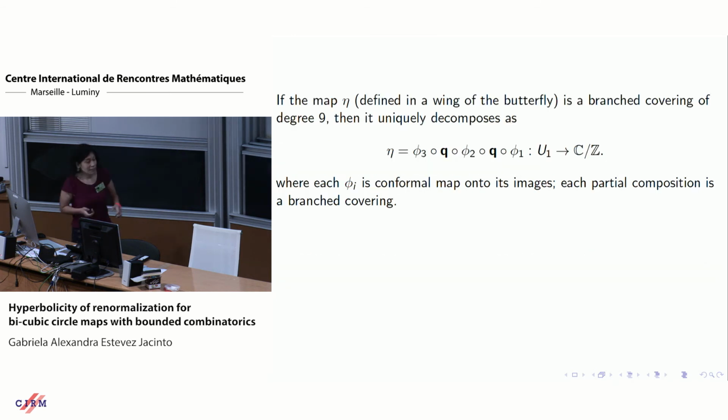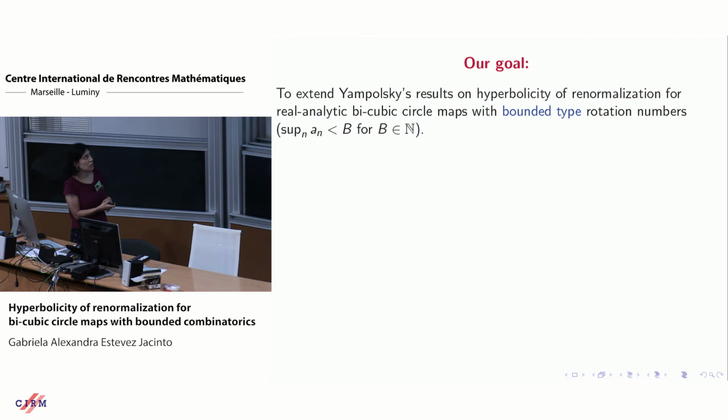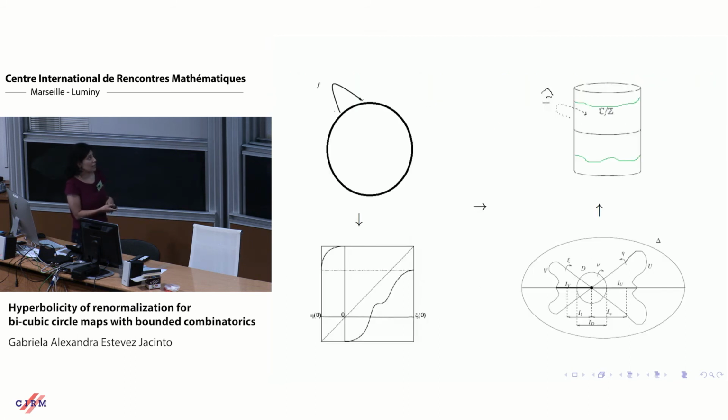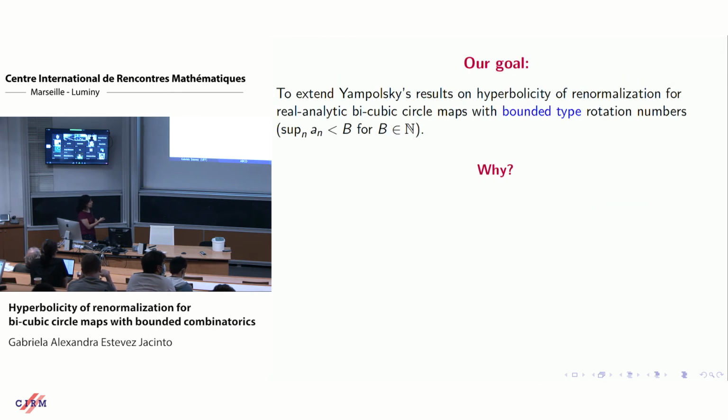I will say this more or less quickly. The worst case is when you have a critical point of degree 9. So, for example, this map here, this eta, has a critical point of degree 9, which is the worst case.